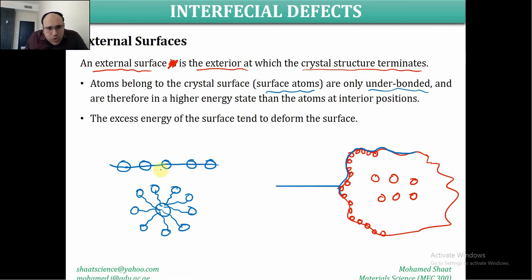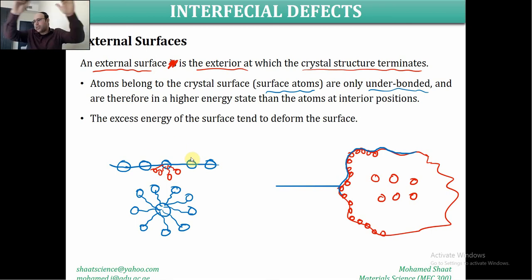But if we choose the atom that is located over the surface, there are no atoms above this atom, but all the atoms are located below it, below the surface, right? So there is a bonding force here, another bonding force, another bonding force, another bonding force. But there are no bonding interactions above this atom, above the surface, because there is no more atom.